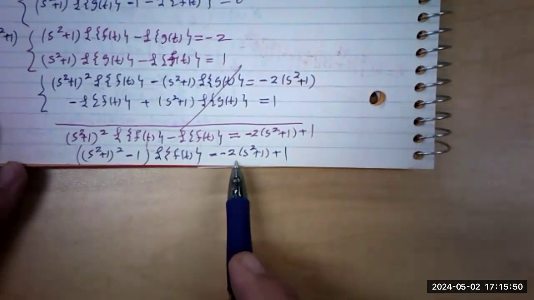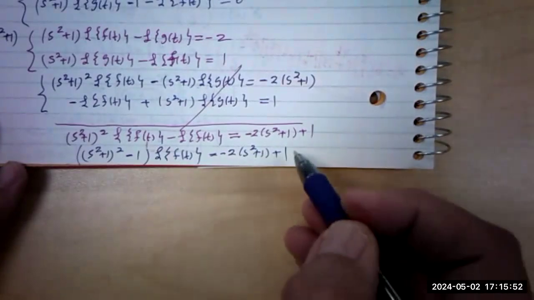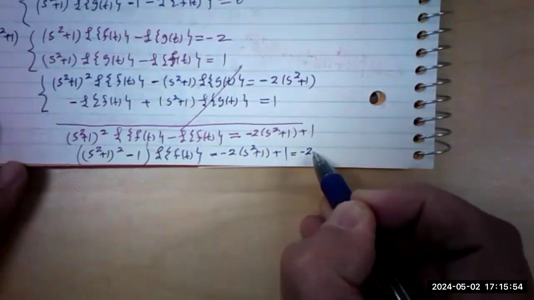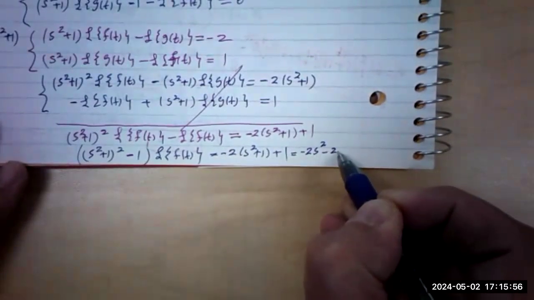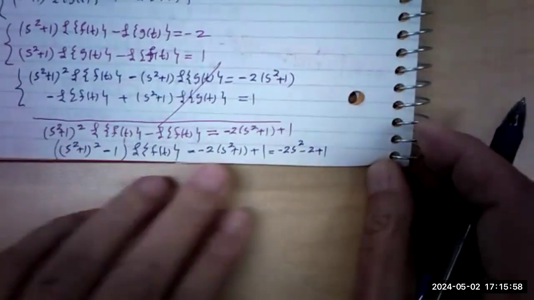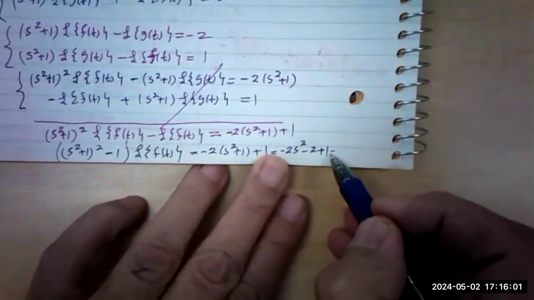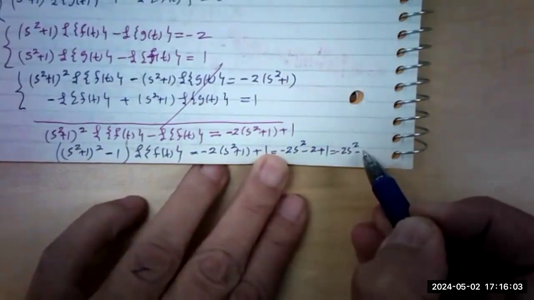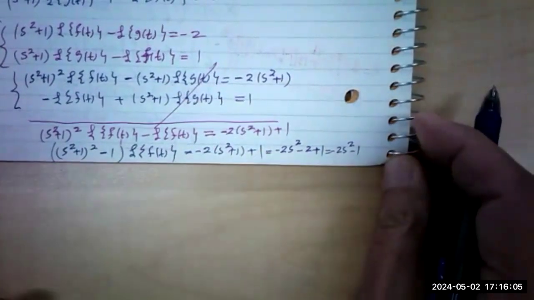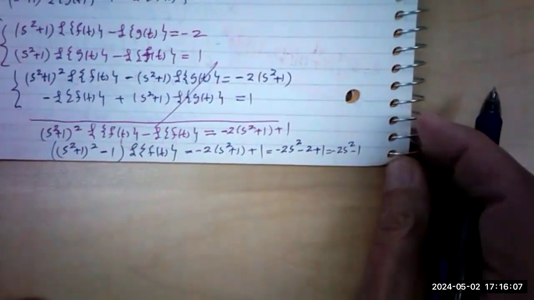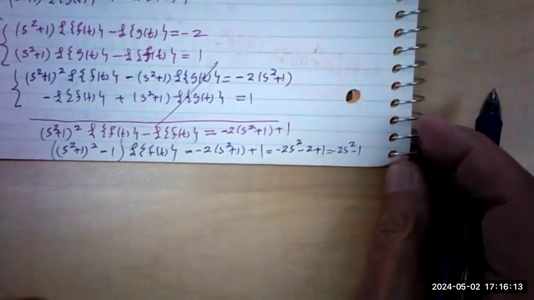You can simplify this if you like, maybe that would be better. It's going to be negative 2s squared minus 2 plus 1, which is going to be negative 2s squared minus 1. Divide both sides, you get the Laplace of f of t, and then you can find the Laplace inverse, take care of f of t. Any question?